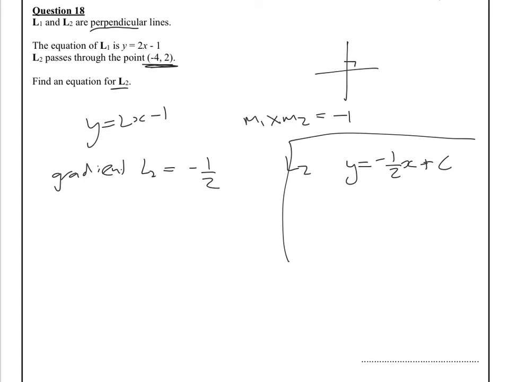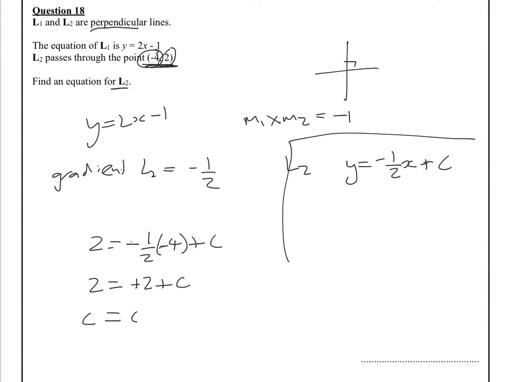So y is 2, that's here, and equals minus a half times minus 4, that's what x is, and then add c. So 2 equals minus a half times minus 4, which is positive 2, plus c. So then rearrange it so that c is the subject of the formula.